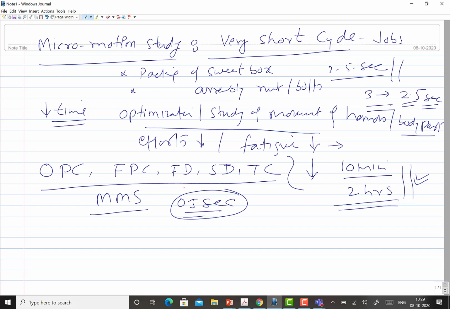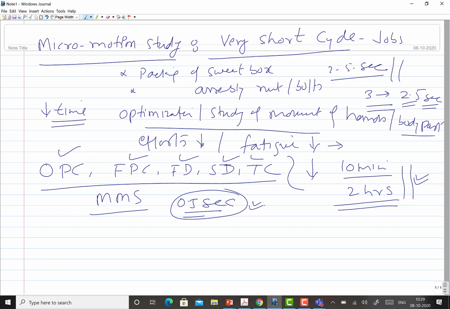There will always be huge scope for cutting down the time to improve the productivity by reducing the ineffective time using the earlier described techniques like operation process chart, flow diagram, string diagram, or travel chart. These will help to cut down the time in a bigger way, but micro motion studies will not help to cut down the time at that scale.